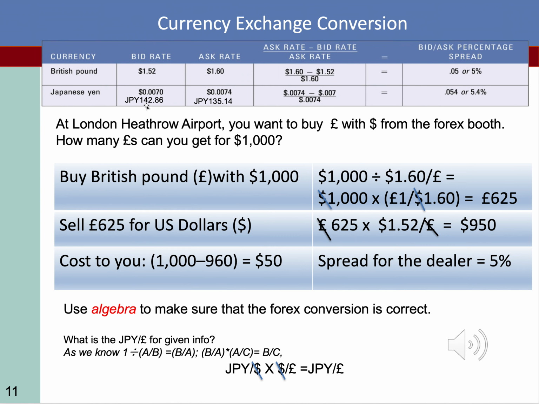This is the most commonly used, right? It's an indirect quote. But in an indirect quote, you find that the bid price is high and the asking price is low. Then you have a problem. Okay, it doesn't work. It seems like buying low, selling high. It should be buy high, sell low from the consumer's point of view.